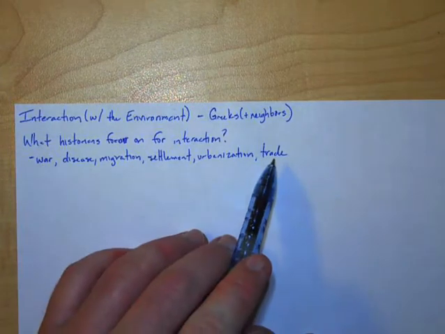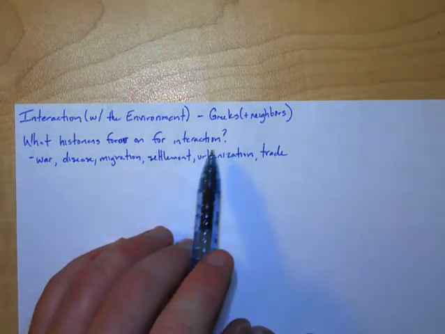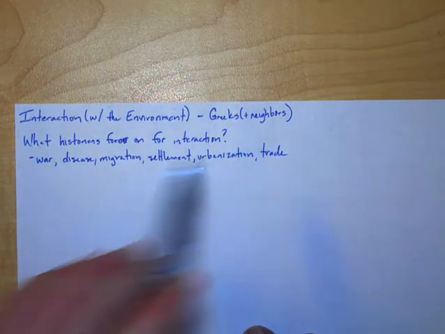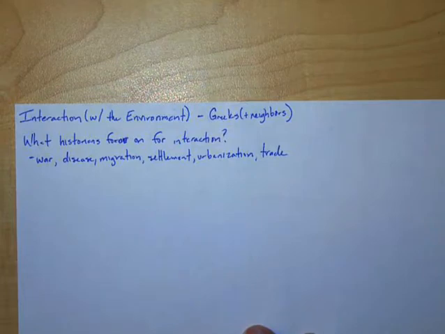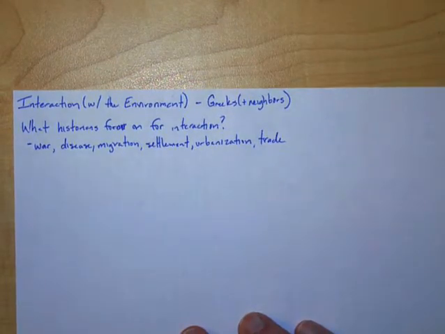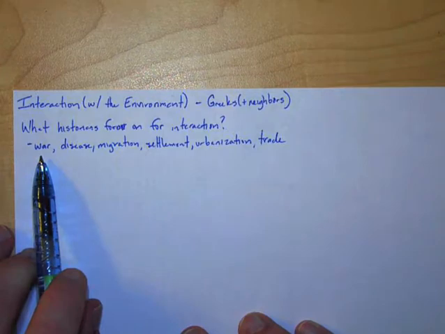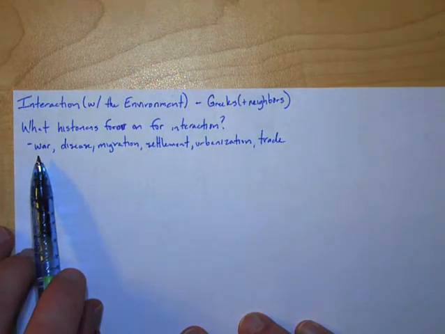A lot of this stuff deals with things like diffusion, cultural diffusion. We've got an economic idea here with trade, some social stuff with urbanization, political stuff with war. So there's a lot of overlap with other themes. In fact, we're never really going to use interaction as our primary lens, but interaction with the environment is always going to be a good secondary lens to look at why things are happening. If we think about war, for example, we might think about the political reasons for war, but we might also want to think about the environmental reasons for war.